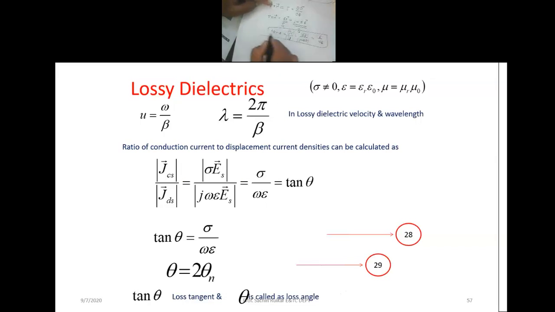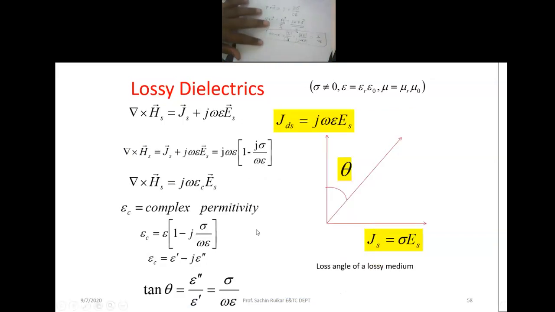This is the loss tangent, and theta is called the loss angle. This loss angle is used to find the loss in a given region or area.